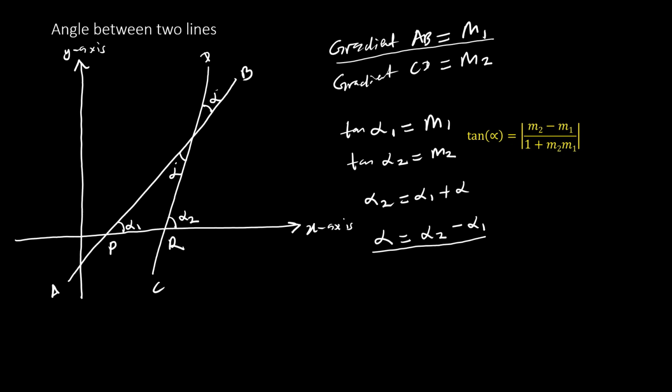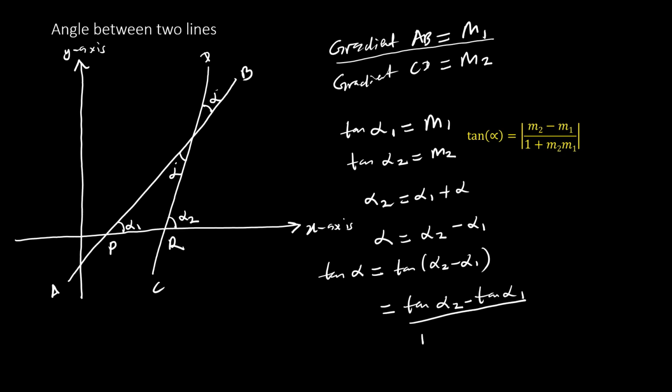We now have tan alpha equal to tan of alpha 2 minus alpha 1. And from trigonometric ratios, tan of alpha 2 minus alpha 1 is going to be tan alpha 2 minus tan alpha 1, everything divided by 1 plus tan alpha 2 multiplied by tan alpha 1.